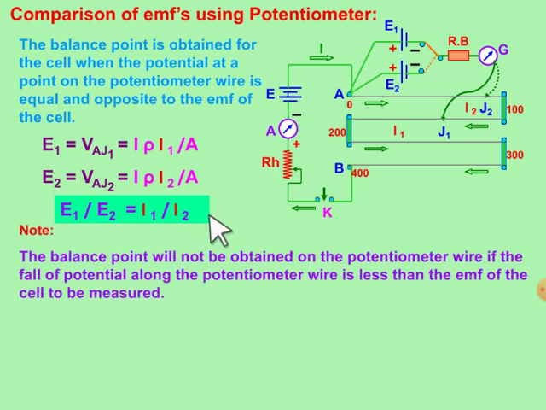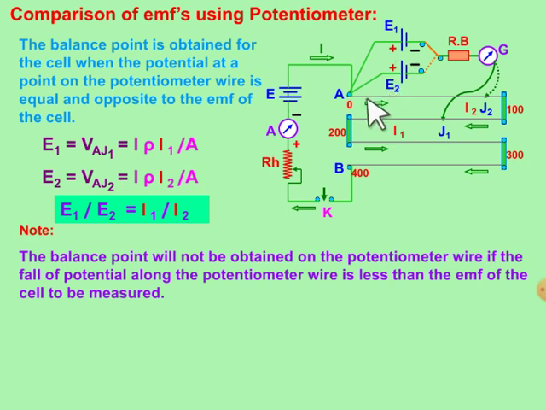L1 by L2. The balancing point we obtain on the potentiometer wire requires that the fall of potential along the potentiometer wire is not less than the EMF of the cell to be measured. We need to note that this potential drop across the potentiometer wire should not be less than the EMF of the cells to be compared.